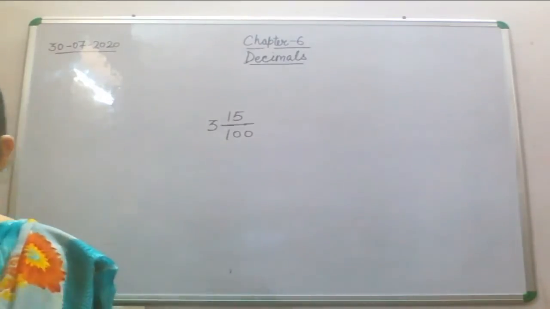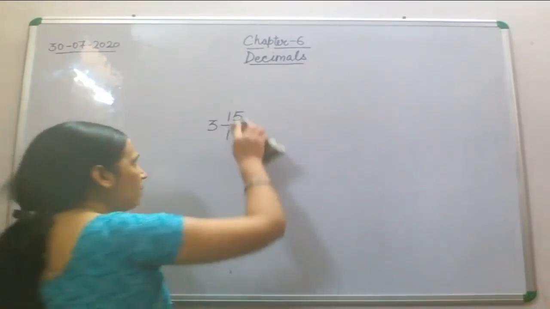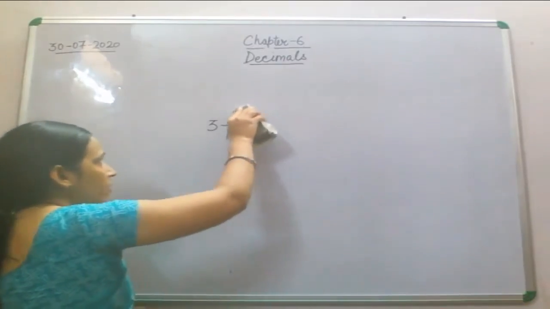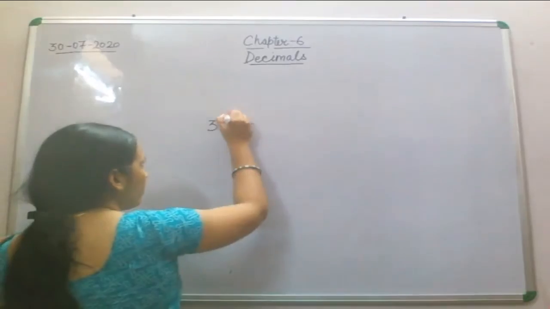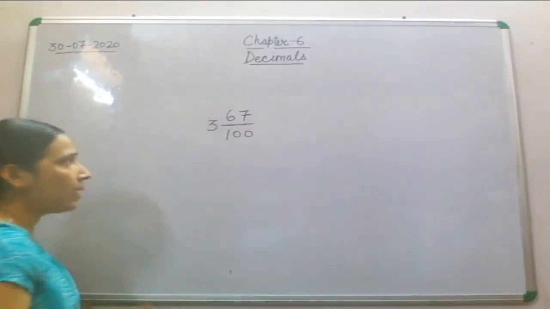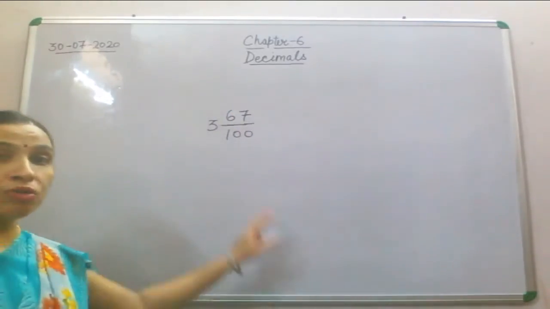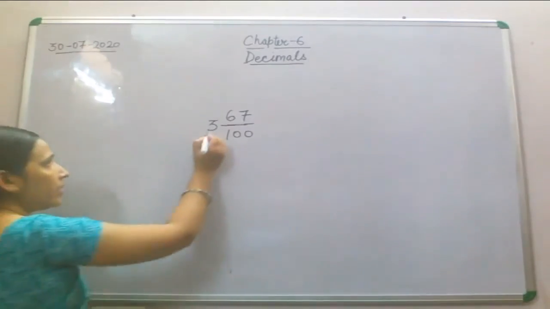Or instead of 15, I'll make it a little more difficult here. I'll take 3 67 by 100. Now 3 means 3 whole.